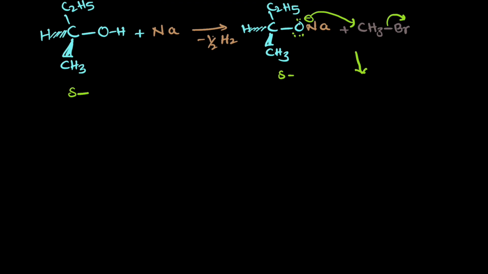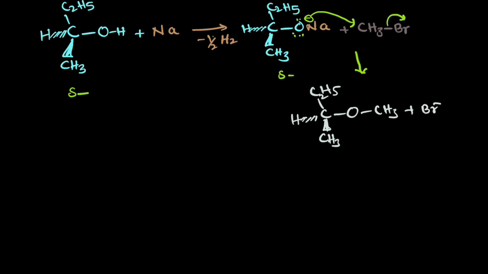Now if methyl bromide is taken here, then this sodium alkoxide, as a nucleophile, reacts with the methyl bromide, and bromine is eliminated as the leaving group. Keep in mind, since the starting material has S configuration, the product will also be S after reacting with methyl bromide, because the nucleophile attacks the methyl.